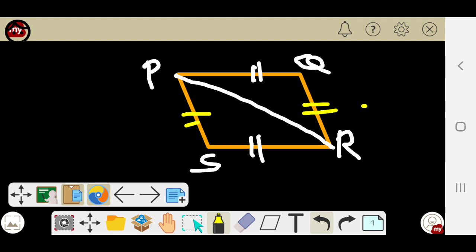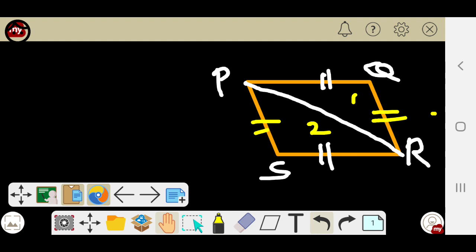Listen, dear children, here also we can see two triangles, 1 and 2. In the two triangles, PQ equals RS.